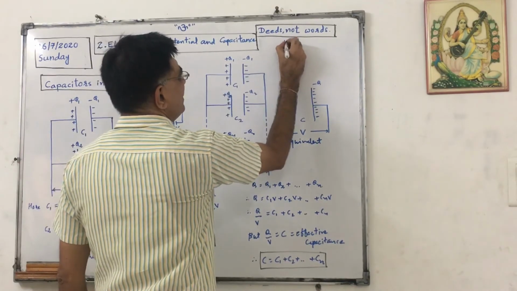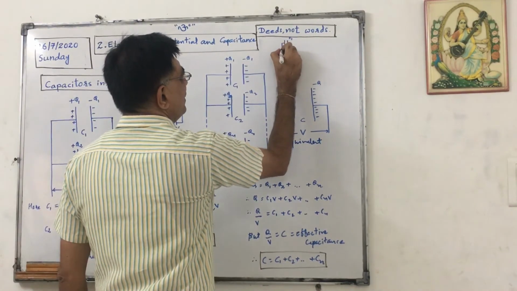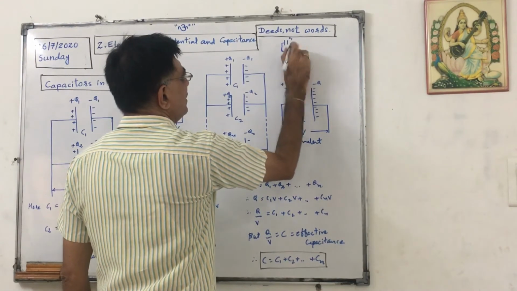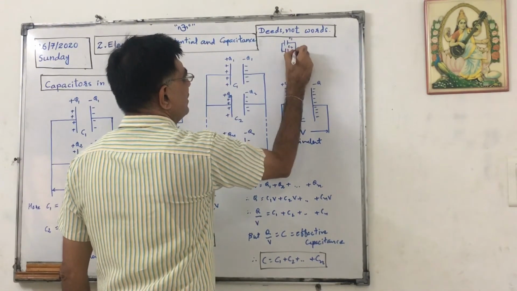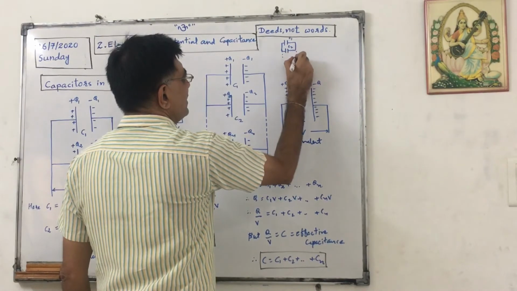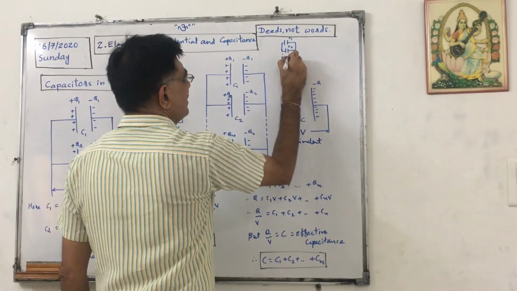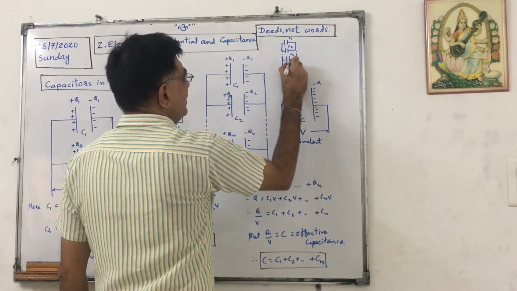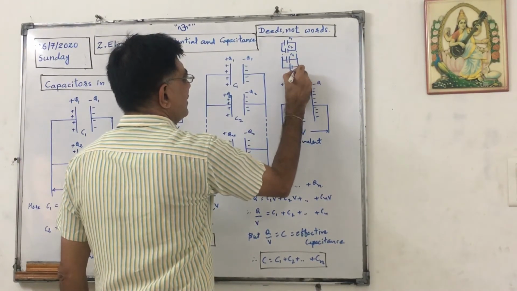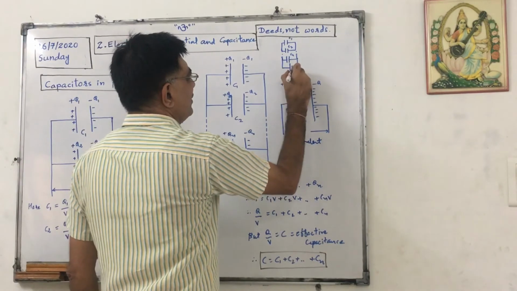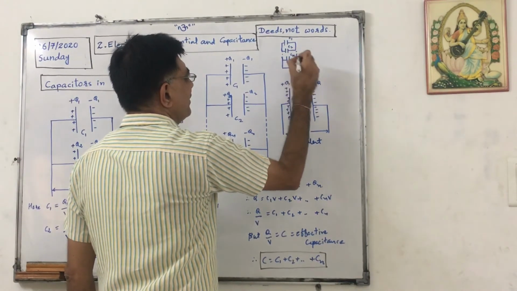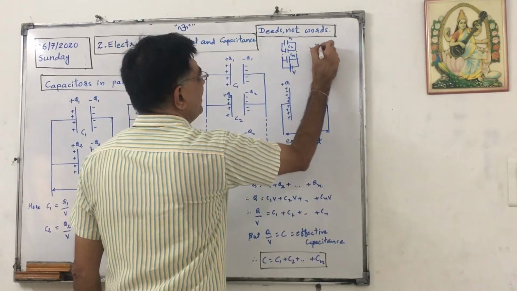Suppose C1, C2, and so on up to Cn. This is better. Then the equivalent will be C.